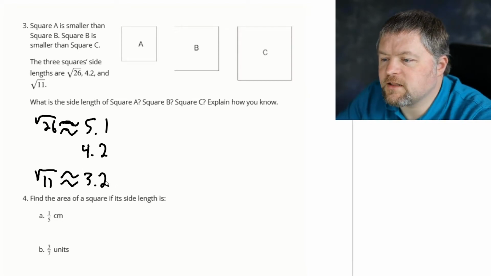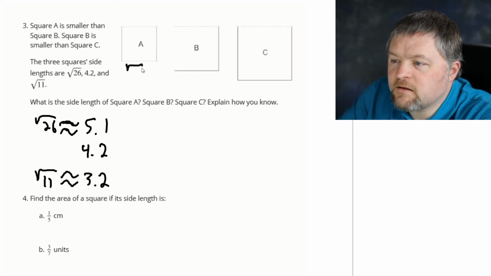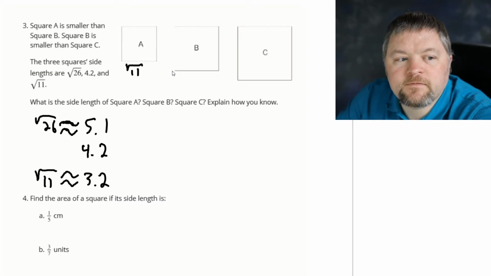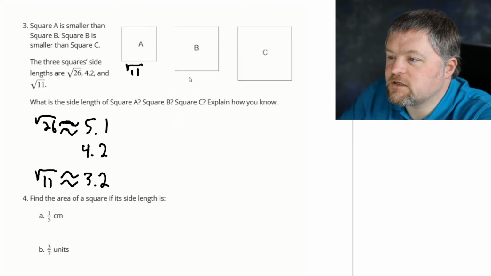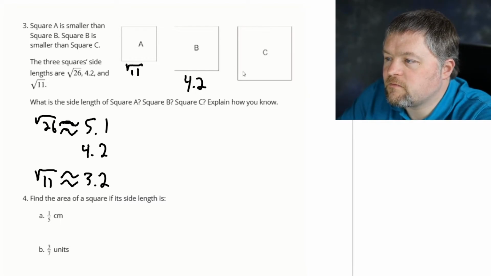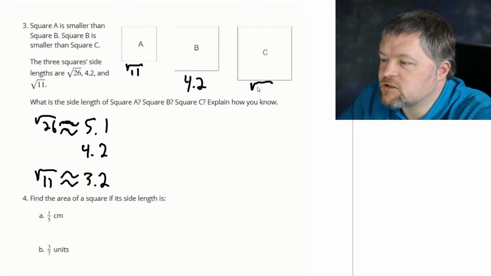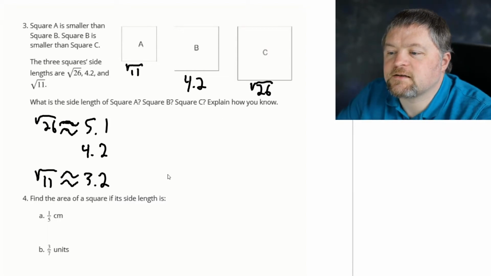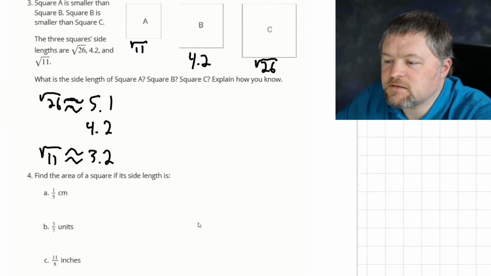It's approximately 3.2. So now, if we have three squares that are each getting bigger, the side length of square A has to be the shortest, which would be the square root of 11. The side length of B has to be our next largest length, which is 4.2. And then C has to be our longest length, which is the square root of 26. So that's our three square side lengths.